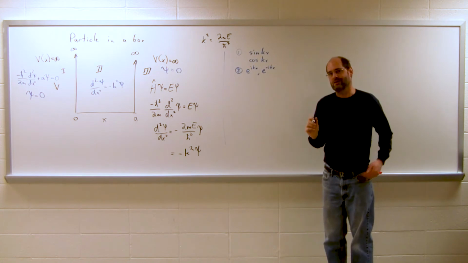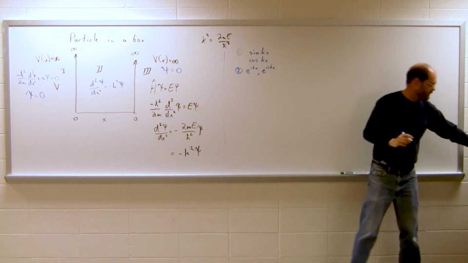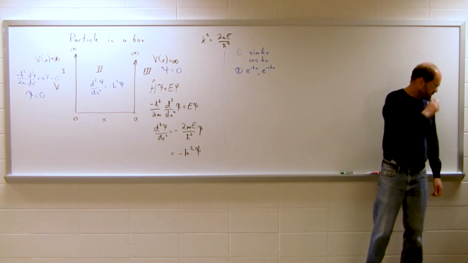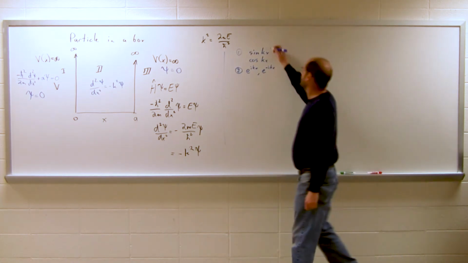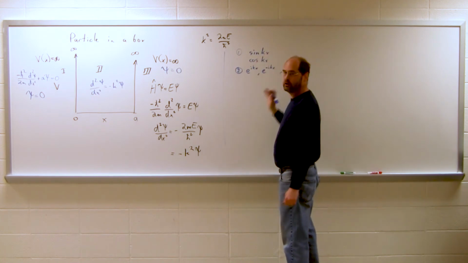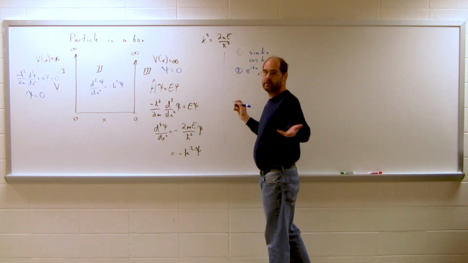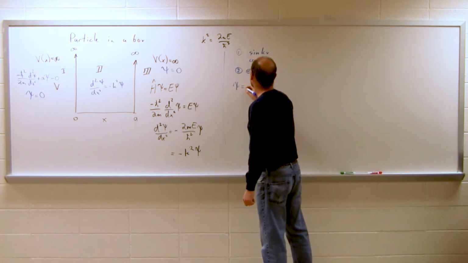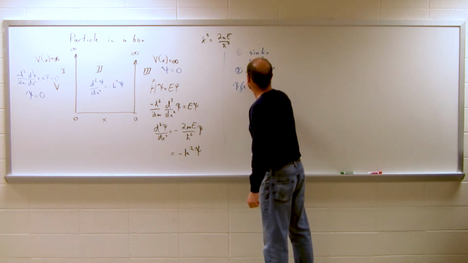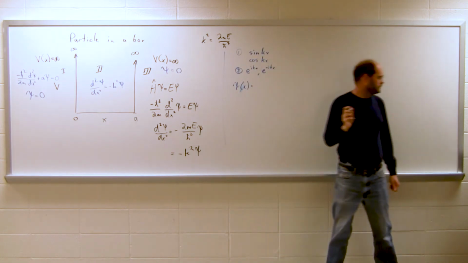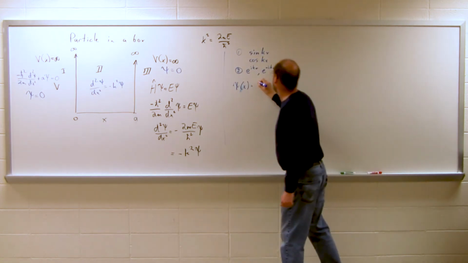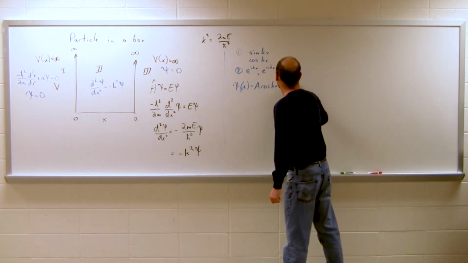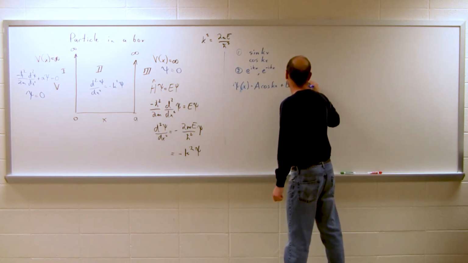And so what I'm going to do next to solve for my wave function is write this as a linear combination of sine and cosine because I don't know which one is going to be the case. So my wave function, a function of x, is going to be equal to a cos kx plus b sine kx.